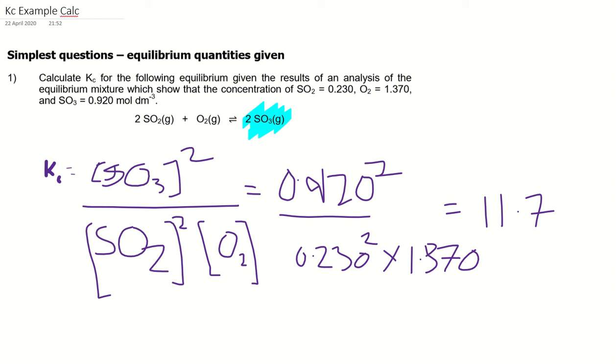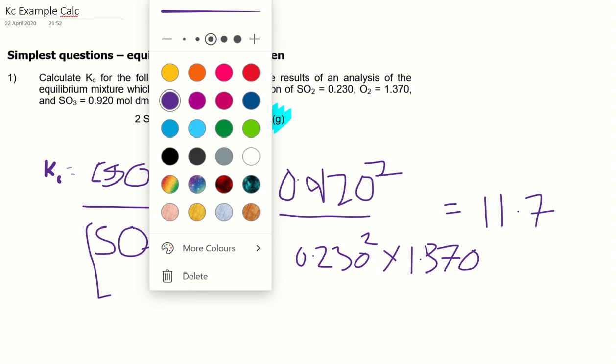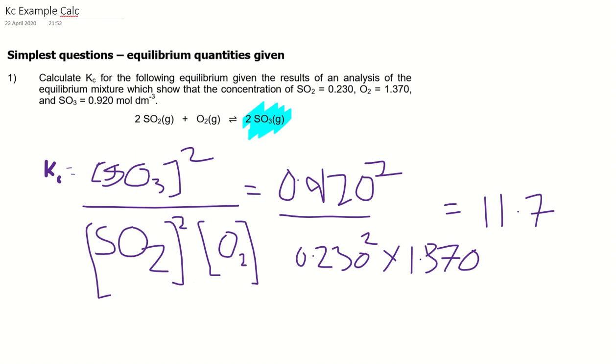Okay, but very quickly so that we get this 100% right, let's go for a different colour pen. We're going to do the same thing with the units, but I'm just going to cheat a little bit with the unit calculation because I've already got Kc in my working out.